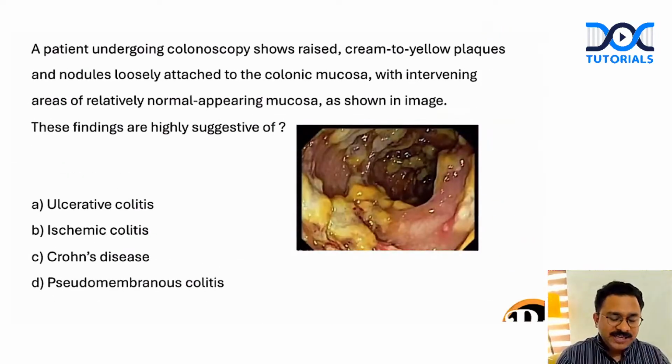Another question from GI hepatology. A patient undergoing colonoscopy shows raised cream to yellow plaques and nodules attached to the colonic mucosa with intervening areas of relatively normal appearing mucosa. What are the findings suggestive of?